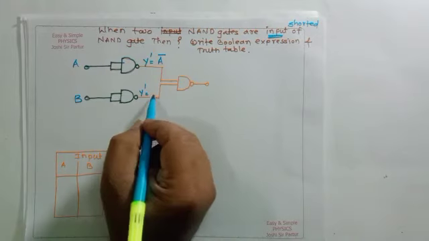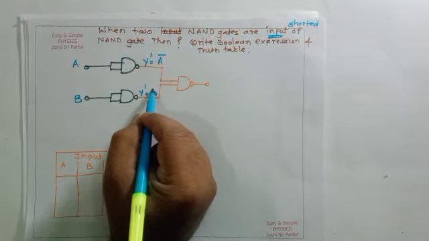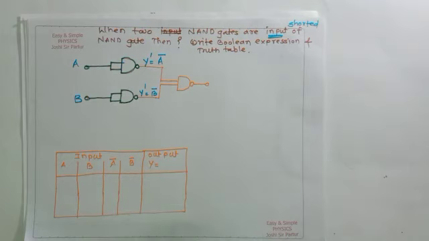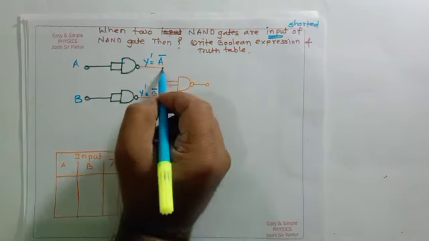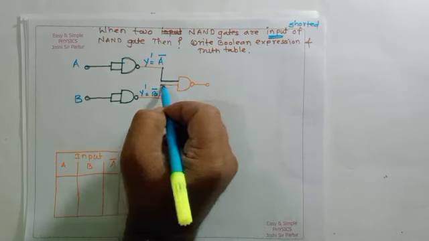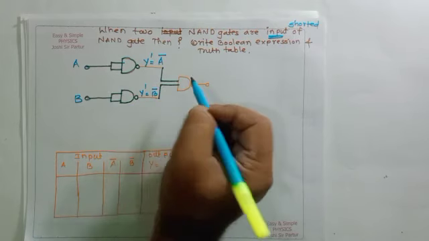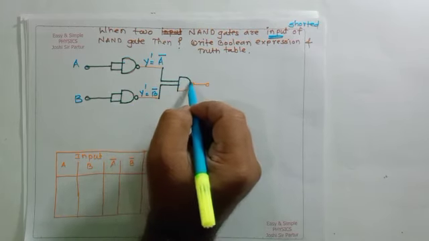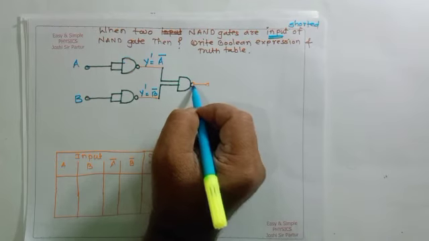This NAND gate also represents a NOT gate, so the output will be B complement. Here complement A and complement B are the inputs of another third NAND gate.